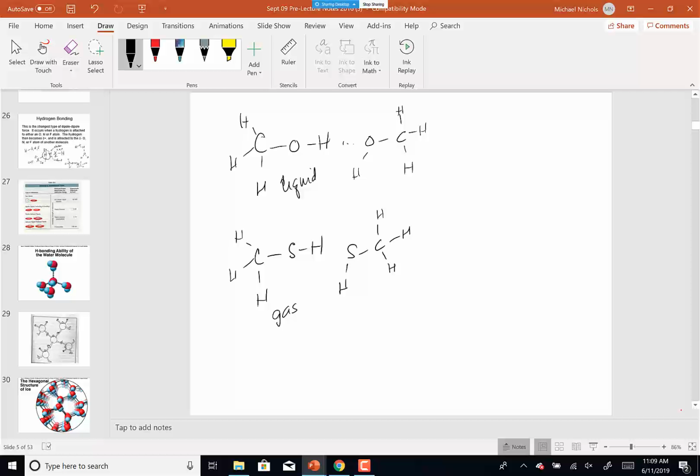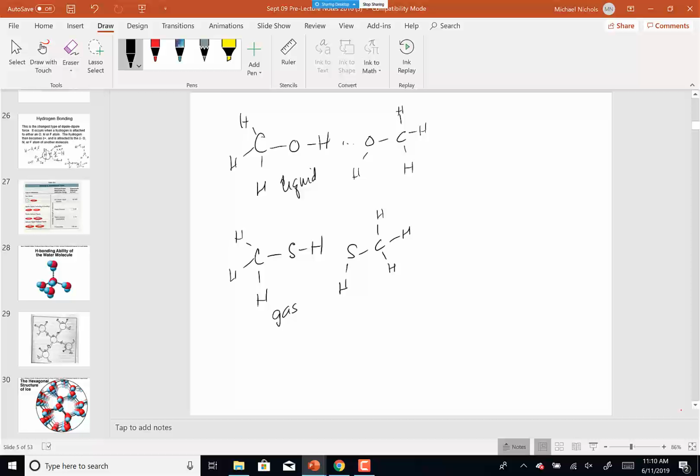Two polar molecules without the OH, NH, HF, that's going to be dipole-dipole. Have the OH, NH, HF, it will be hydrogen bonding.